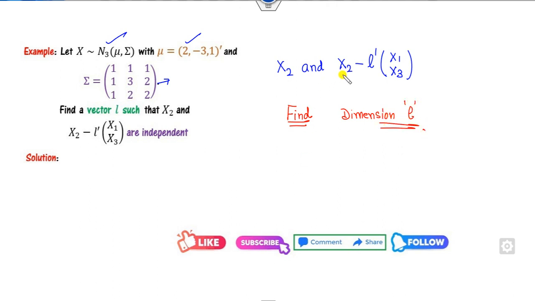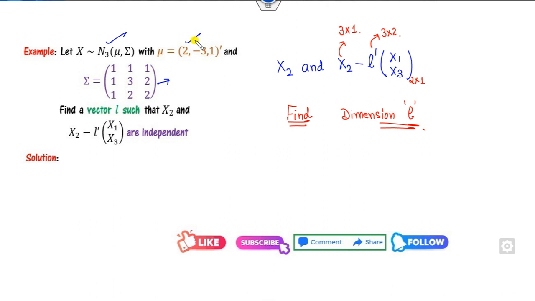What is x2? Clearly, this is my 3 cross 1. Once it's 3 cross 1, what will be the size of this? It's 2 cross 1. So L should be 3 cross 2.